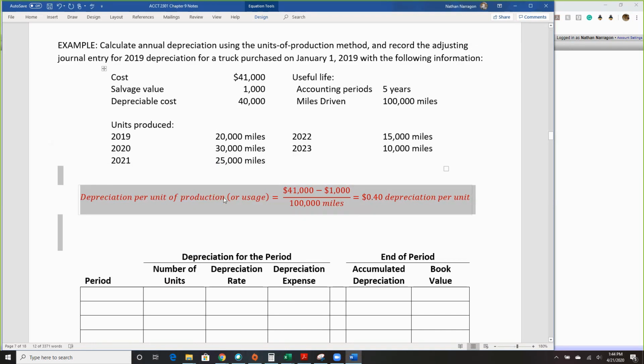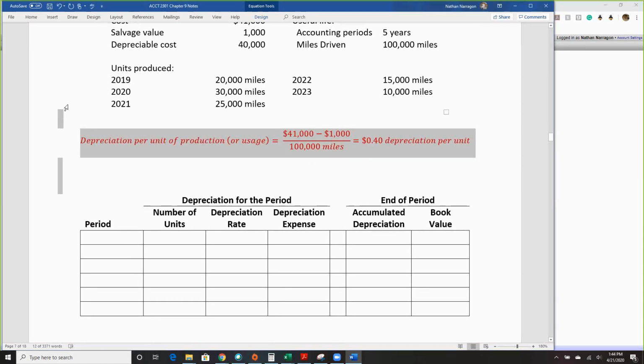Boom, boom. So again, any workout problem or quiz question will provide you with how many miles we've done per year.